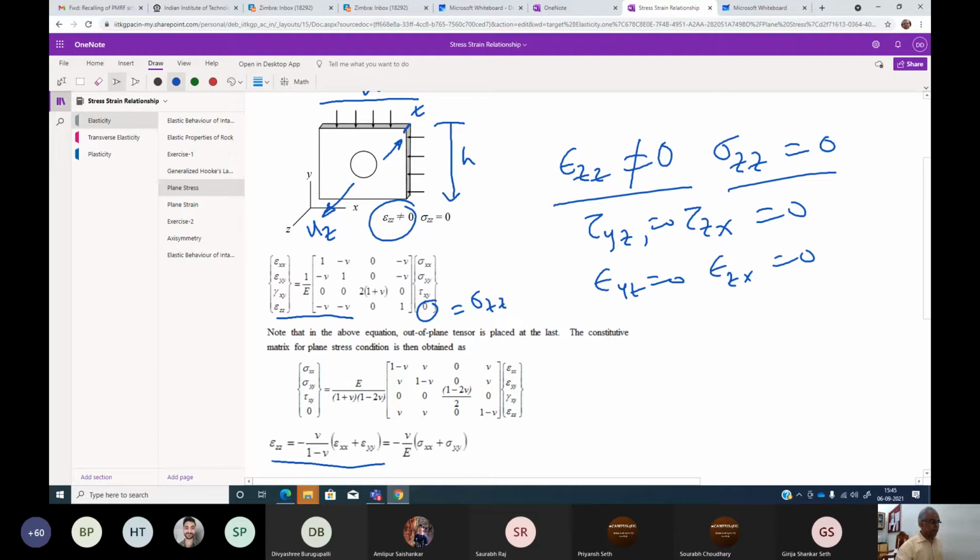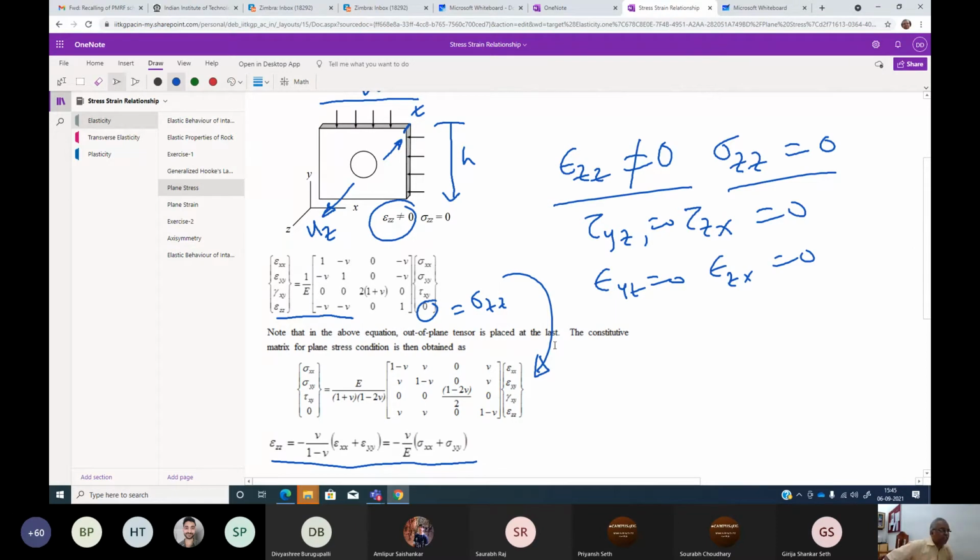Now, if you make the constitutive matrix and just invert that, you will find a matrix like this. So if you want to apply in 2D, one of the options is plane stress.